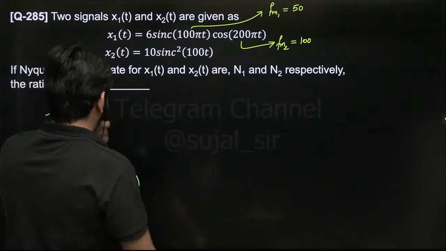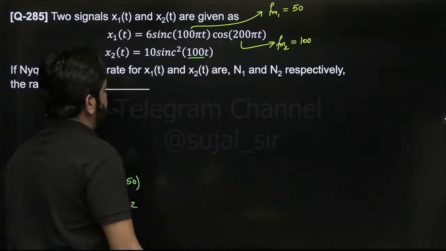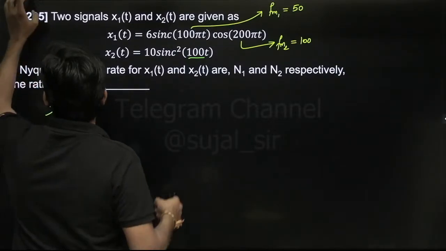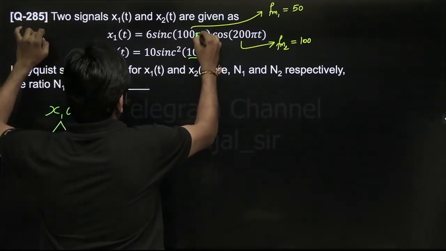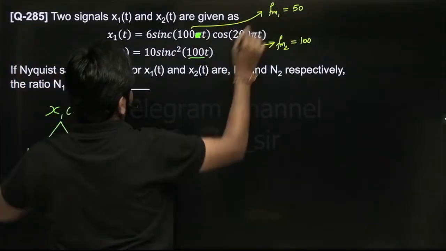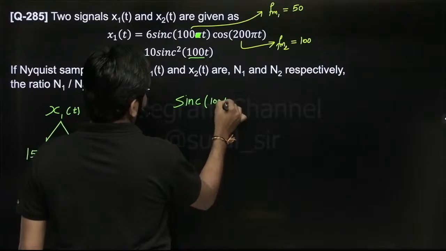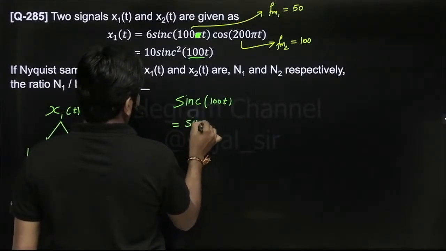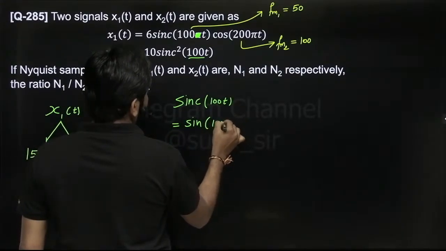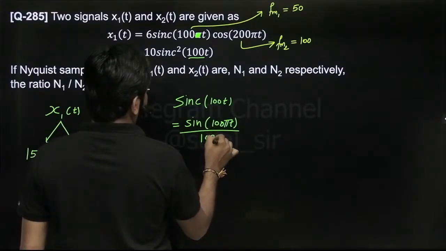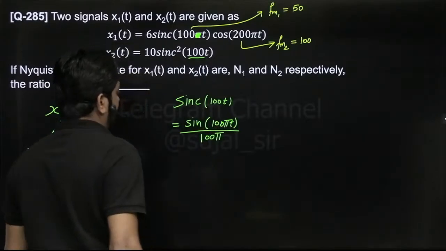If I am talking about the second signal, 100, guys, 100. Okay, so I think there is a mistake here. Pi should not be there in the sinc function. Just remove this pi, guys. Because sinc, suppose sinc 100t, then it will be sin 100 pi t divided by 100 pi, correct?